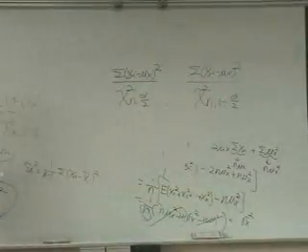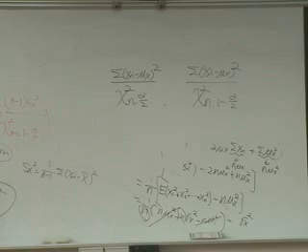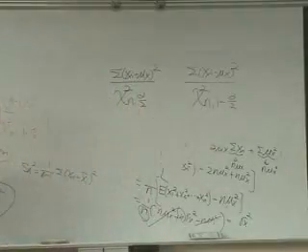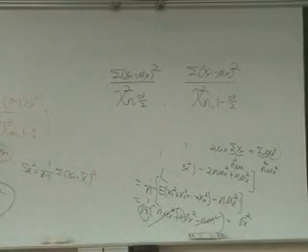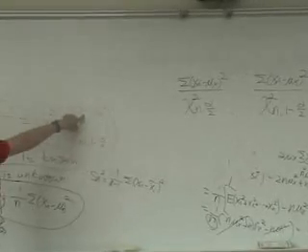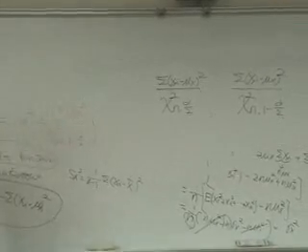So there's a great difference between these two. When mu x is known, the degrees of freedom is n. When mu x is unknown, the degrees of freedom is n minus 1. And of course the numerator is different too.